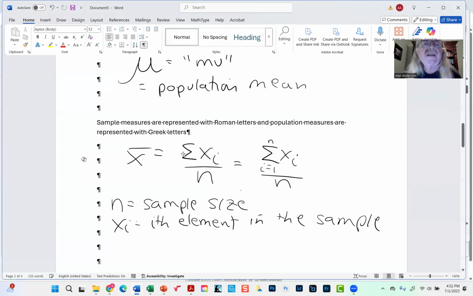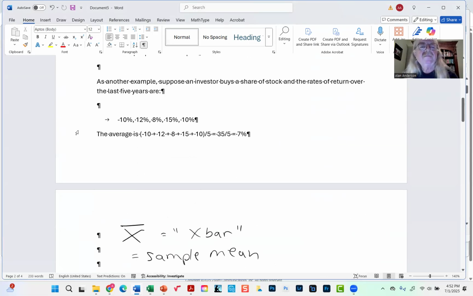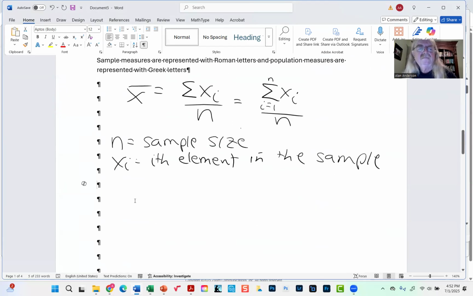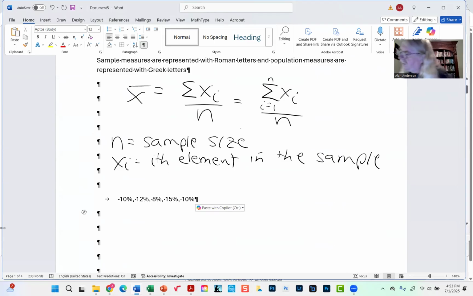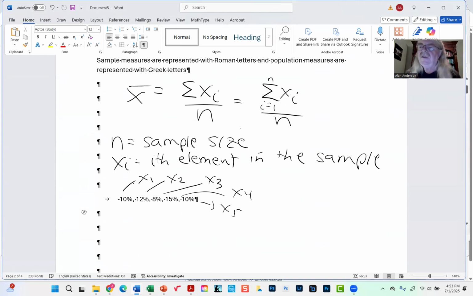So if we come back here and revisit this sample, we can think of this as X1, X2, X3, X4, and X5. So they're all numbered, okay?